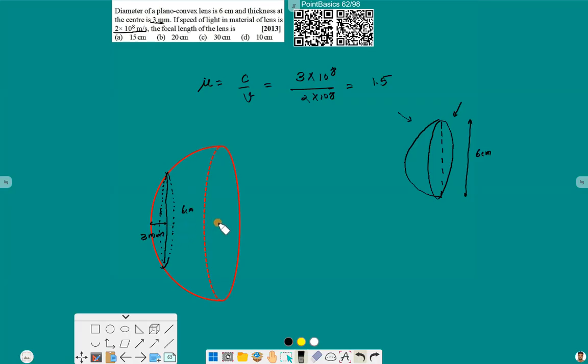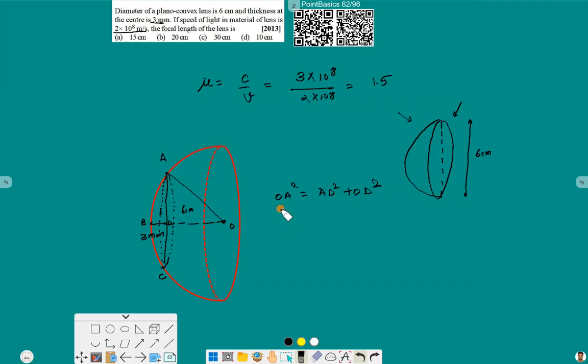So what we can do here, suppose this is the center. So this distance is equal to the radius, and suppose this point is O, this is A, this is B, this is C, and this point is D. So if I make a right angle triangle here, in this right angle triangle I can write that OA square is equal to AD square plus OD square.